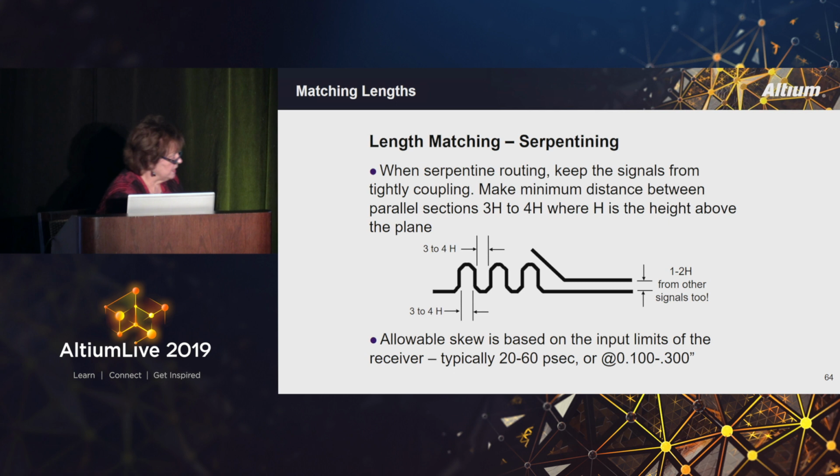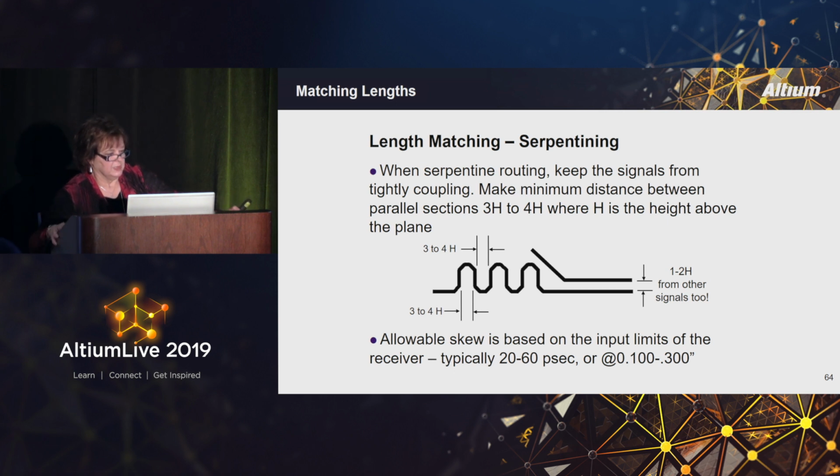But you also want to be aware that the amount of length matching is based on the allowable skew, and that it's usually something in the range of 100 to 300 or even longer. Rick was talking at lunch about something, and he was saying there's an inch in one particular receiving ability.